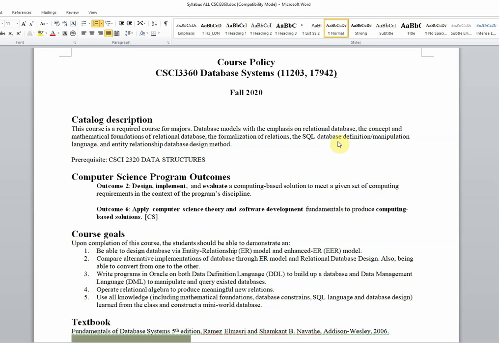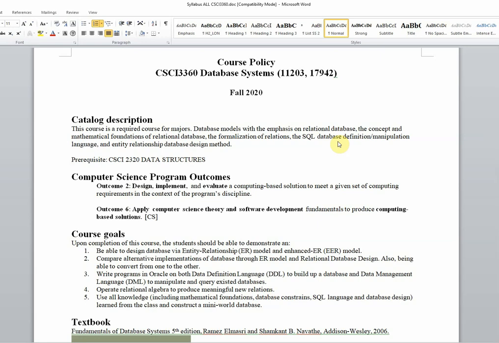You will not write the programs in the beginning of the semester. You will learn the idea of the database. Just like when you try to do the programming, you need to learn about the pseudocode before you are able to really write the program. We will do the same thing.